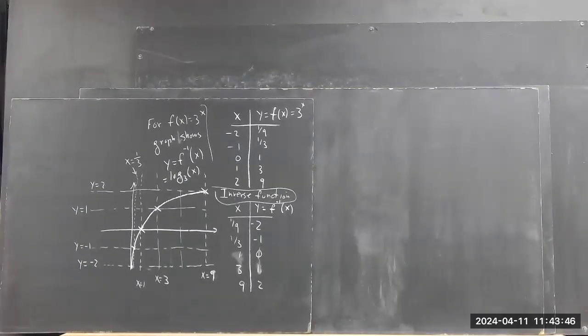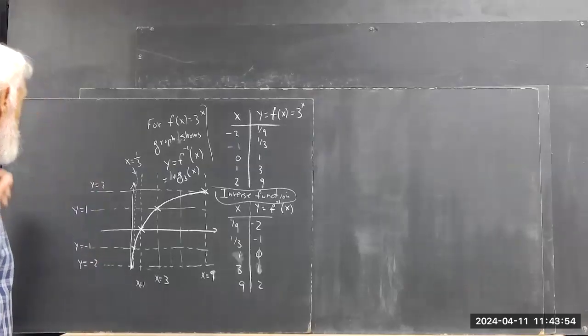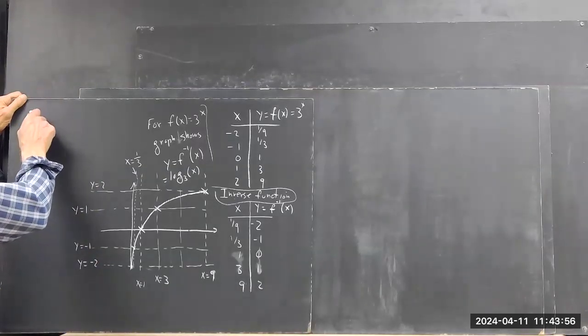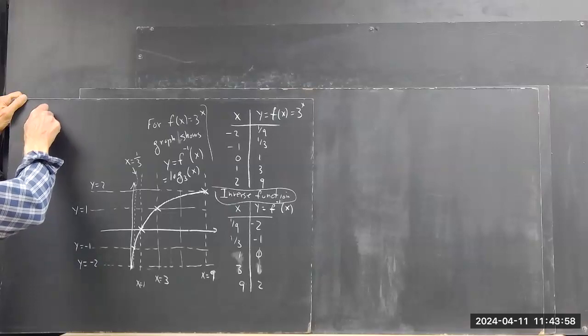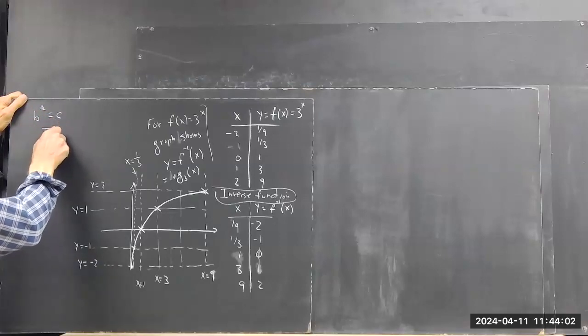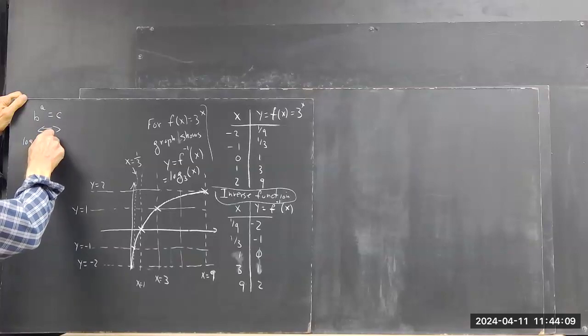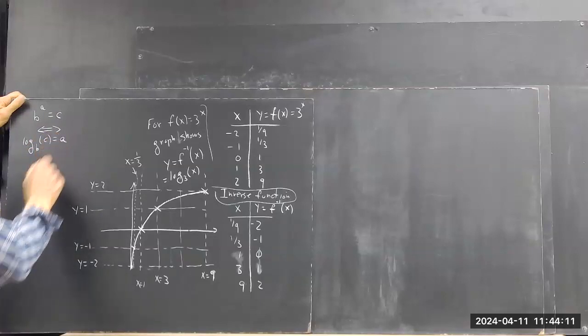Now, last time we looked at the rules for solving exponential and logarithmic equations. And what we said was that b to the a equals c is equivalent to log base b of c equals a.